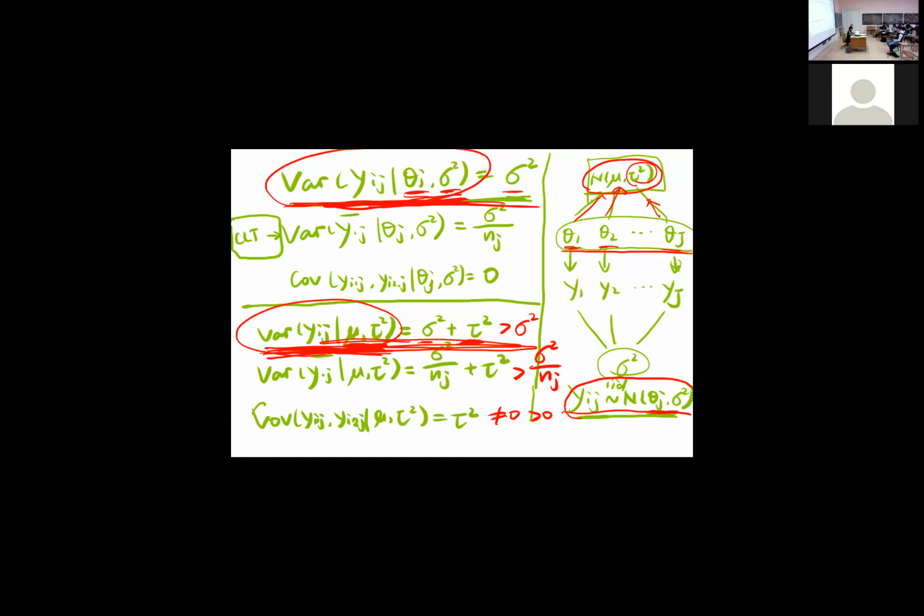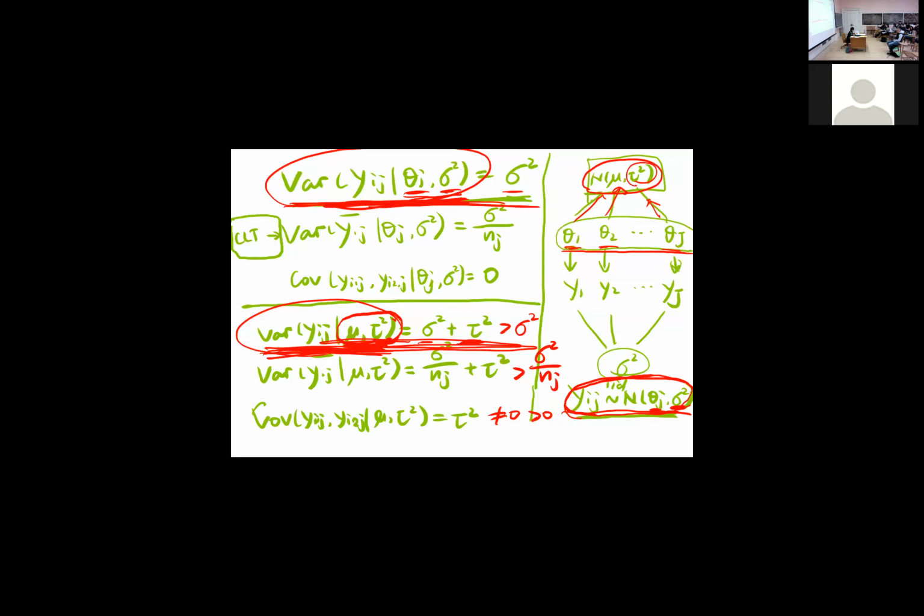Okay, so Eli's question is, in order to draw a yij, say here, this is the sample model. You know that you need to draw from theta j and sigma square over here. But if you're only conditioning on mu and tau square, you still need the sigma square to sample from that, right? My take on this is that the super clear, correct way to write it would actually still be conditioning on sigma square over here.